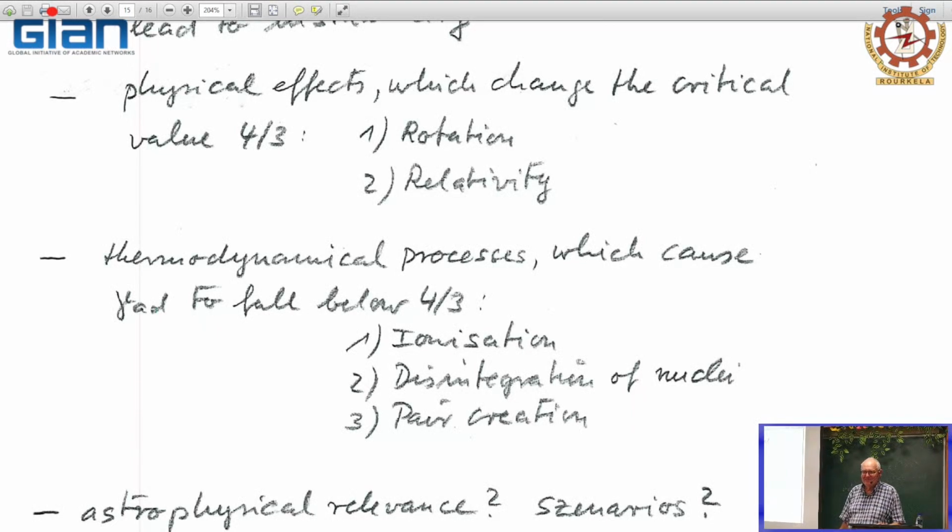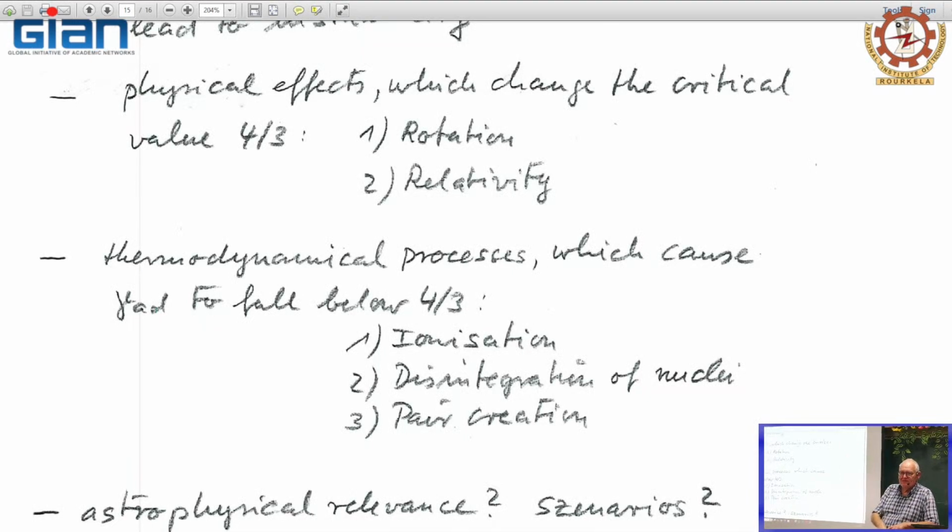Probably all know it. It's the collapse of a star at the end of its life. Remember, the equation of state for a relativistically degenerate electron gas has an adiabatic exponent of exactly 4/3. So this is the marginally stable state. In that case, the gamma does not fall below 4/3 somewhere at the surface of the star, but it falls below 4/3 at the center of the star.